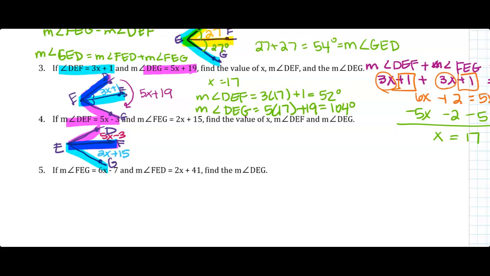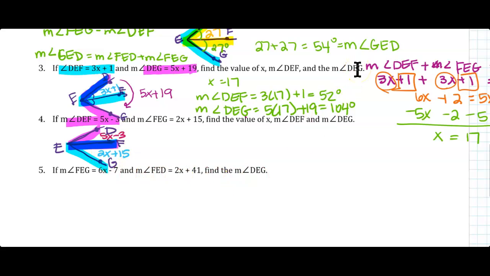This one is different because they gave us 2 halves of our angle. So if you notice in number 3, they only gave us 1 half of the angle and then the measure of the entire angle. But in number 4, I have an expression to represent each side of the angle.